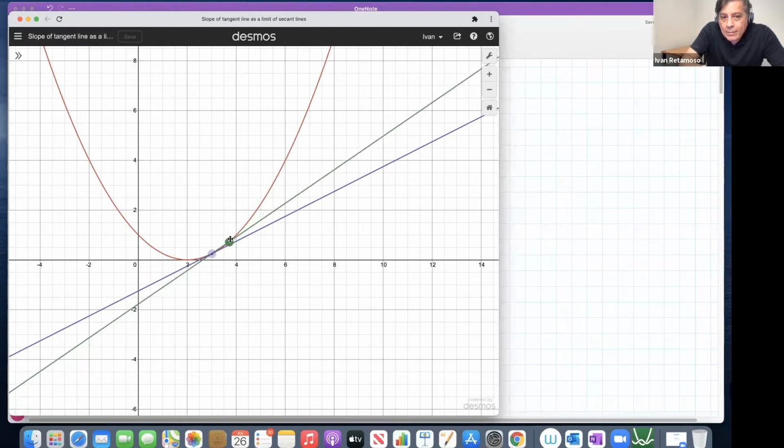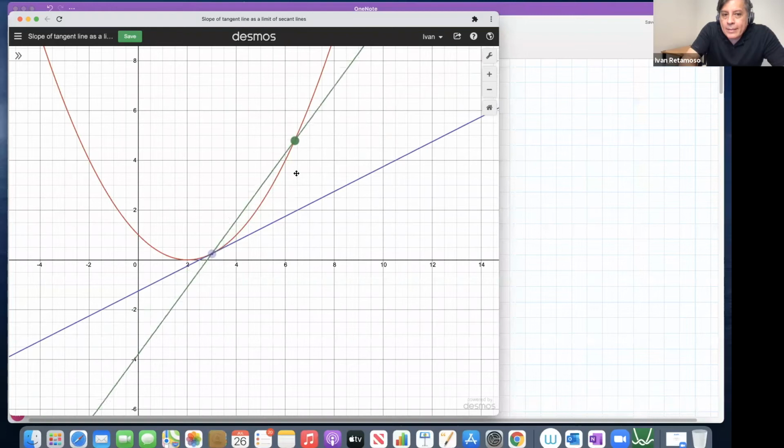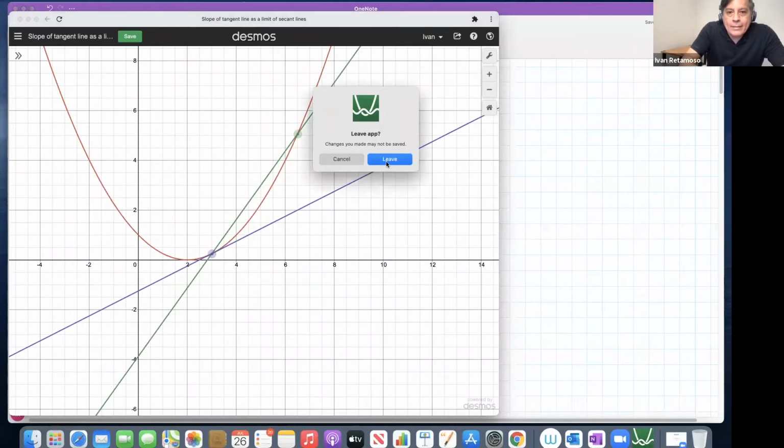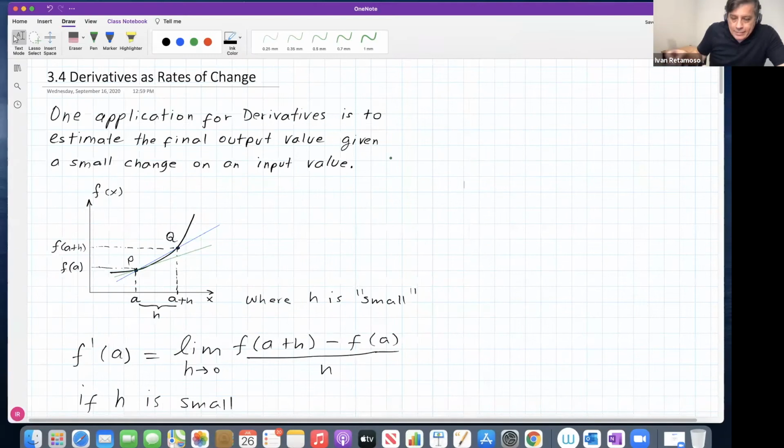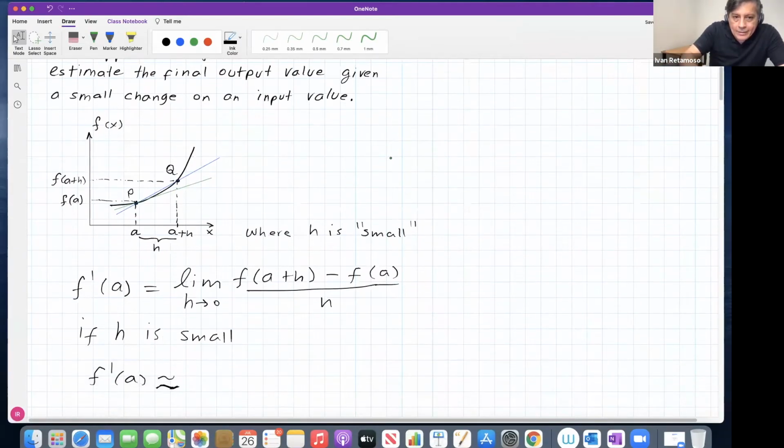And when that happens, when h, the horizontal distance, is 0, the secant line becomes the tangent line. They're the same. Great, and at that point you can find the derivative. Play around with this animation, guys. It will help you understand a lot of the concepts here.